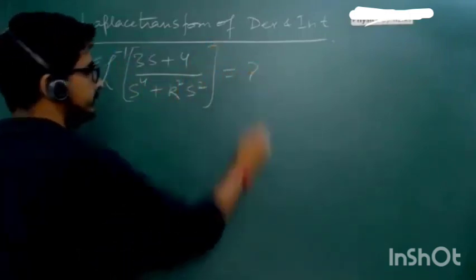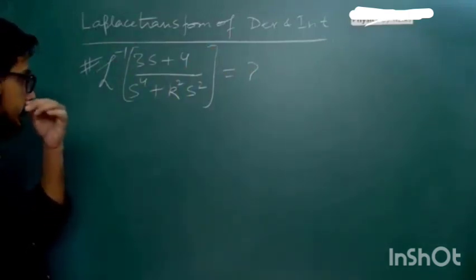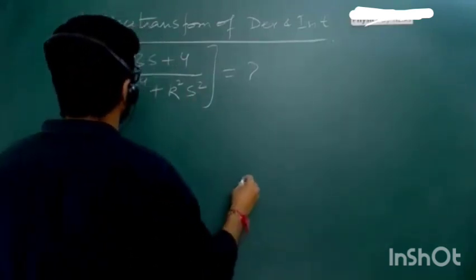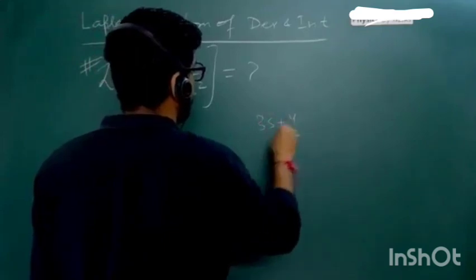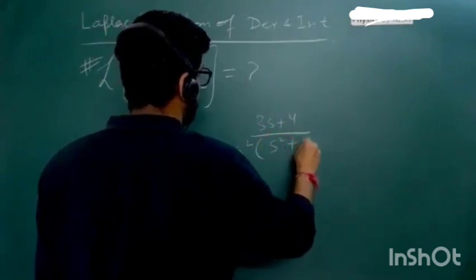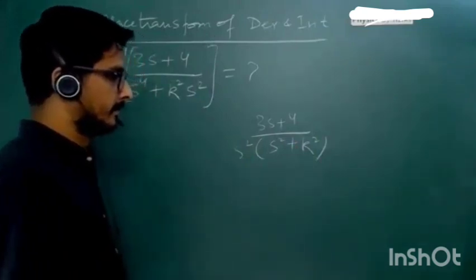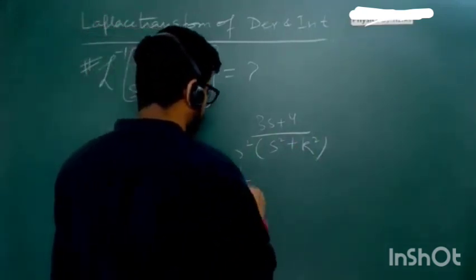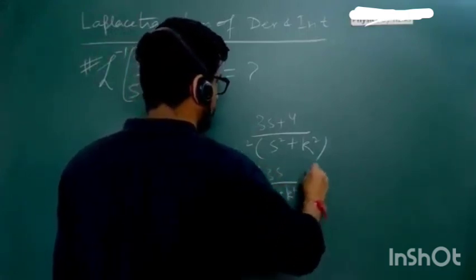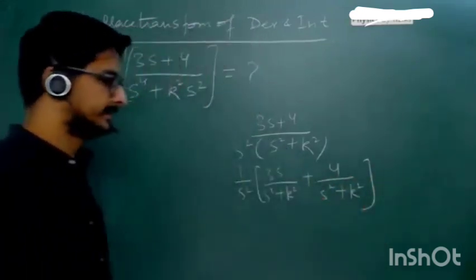That is the question. So I can write it this side, (3s plus 4) over s square times (s square plus k square). Correct? Yes or no? And it will become 1 over s square times [3s over (s square plus k square) plus 4 over (s square plus k square)]. Correct?